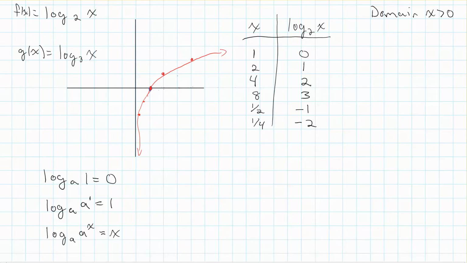Sorry, this is where that point 3 should be 1, and then it will be negative 1 at a third, and then it's going to be even smaller here. So you get an idea. You can see the bigger the base, the more bent down this is going to be.